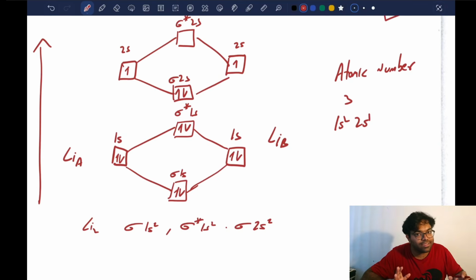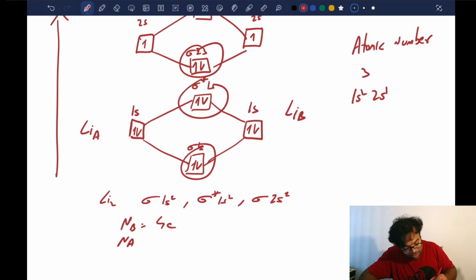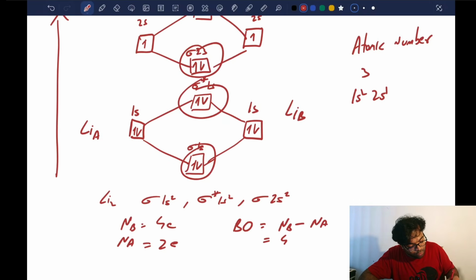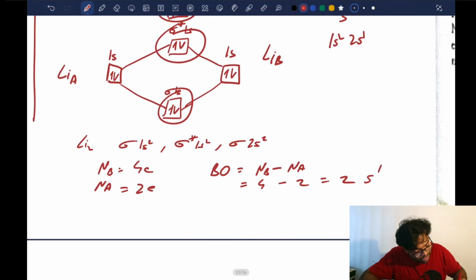As we can clearly see, the number of electrons in the bonding molecular orbital is greater than the number in the antibonding molecular orbital by 2. Nb is equal to 4 electrons. Na is equal to just 2 electrons. So bond order is Nb minus Na, 4 minus 2, which is equal to 2. The bond order is 2. Therefore it is stable. What is the nature of the bond going to be, Drupad?